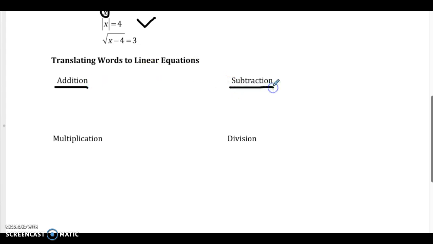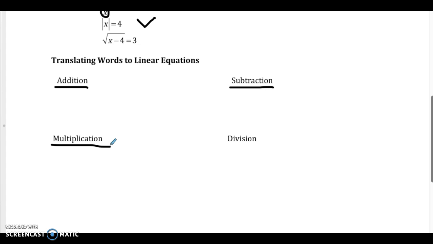With subtraction, think about difference, or if something's less than or fewer than, you're probably going to want to use subtraction. Multiplication: we've got product, doubled, tripled, rates. If you're given a rate, that probably indicates you want to use multiplication in your equation.